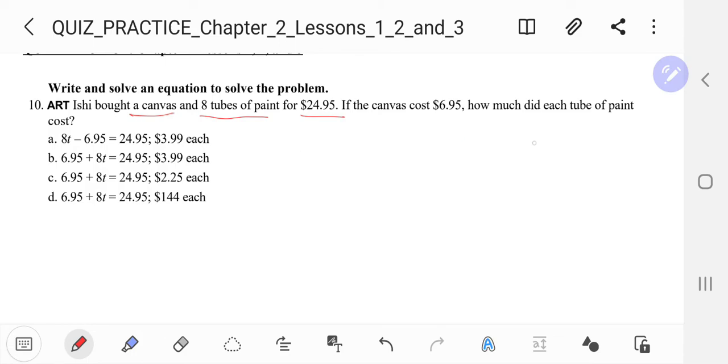So it says if the canvas costs $6.95, how much did each tube of paint cost? So the cost of the tubes of paint is going to be our variable because it's asking how much. Okay, that's part of the last sentence, so that's going to be c for the cost of the tubes of paint. Okay, and if we summarize this, we know that the total is $24.95.